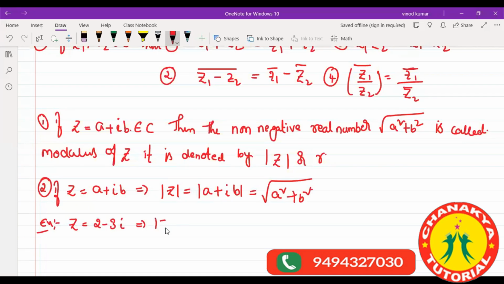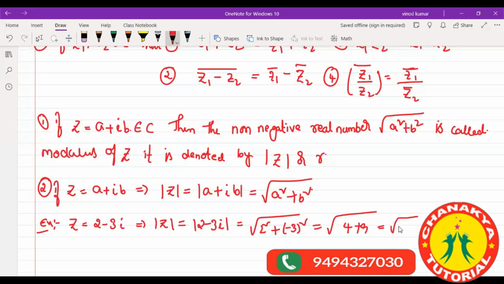Then mod Z equals modulus of 2 minus 3i, which is square root of 2 square plus (minus 3) whole square, square root of 4 plus 9, that is square root of 13. That is the answer. If mod Z is 0, then Z is 0.